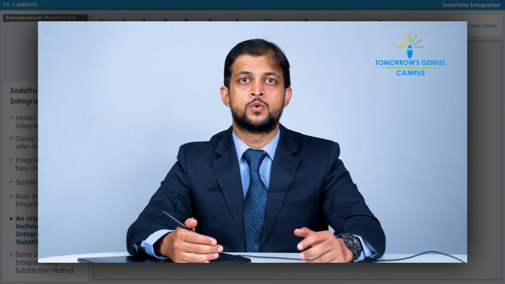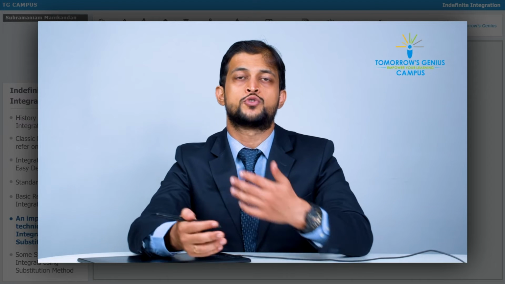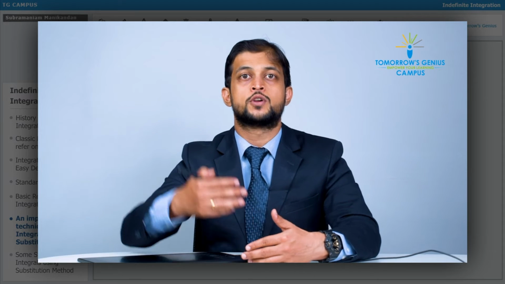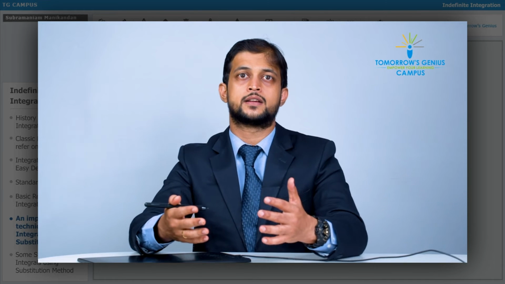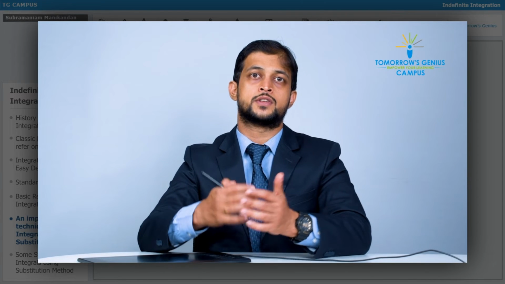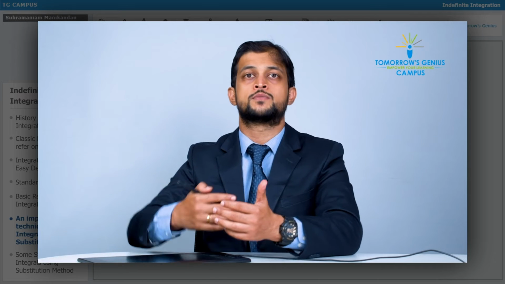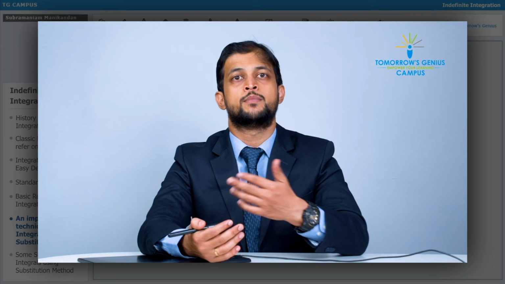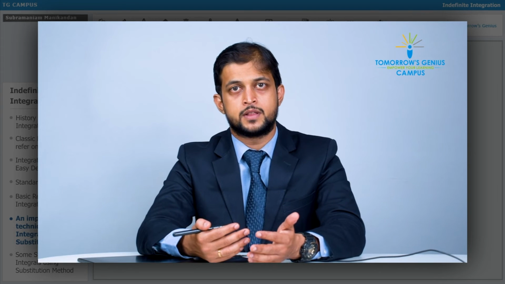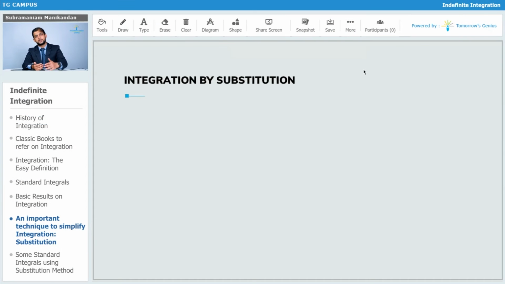So therefore, what we do is we try to make certain substitutions of those functions in terms of other variables, so that the resulting function because of the substitution becomes much simpler compared to the original function, which then can be integrated, and then the values of the substitution can be plugged back in terms of the original variable.